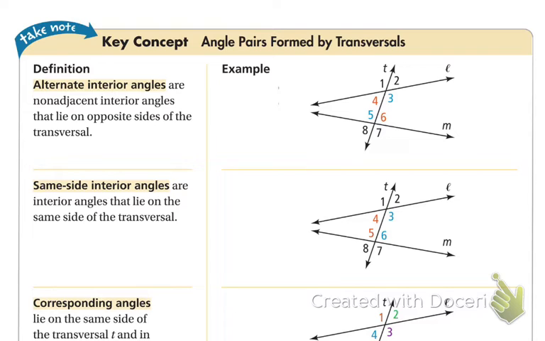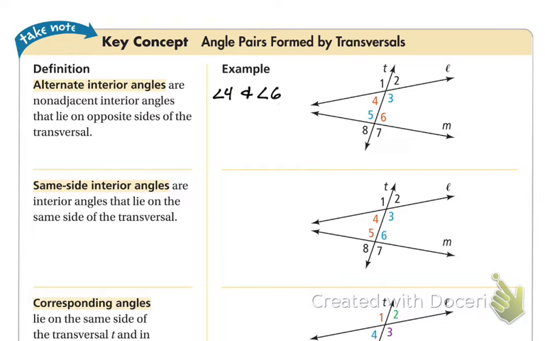Instead, just like I have it shaded in, it would be 4 and 6. They're on opposite sides. They're both on the interior, but they're on opposite lines forming it. So an example of an alternate interior angle would be angle 4 and angle 6.